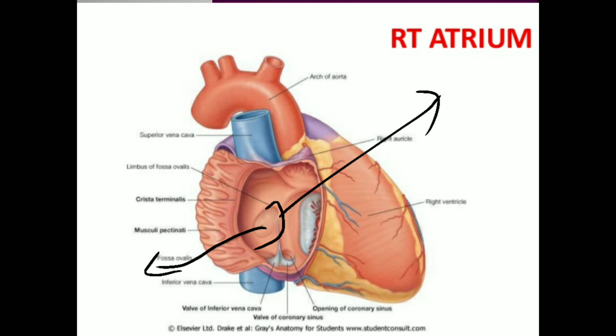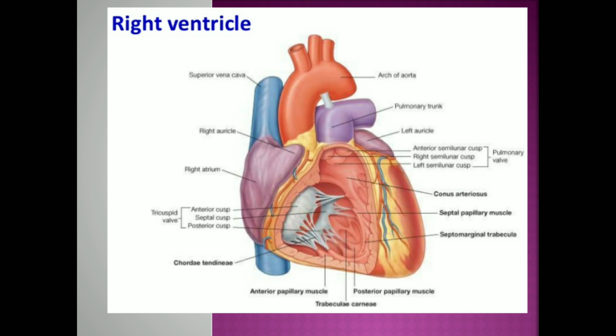Here comes a triangle called the triangle of Koch. Then comes the right atrioventricular orifice. You see here, this is the atrioventricular orifice.